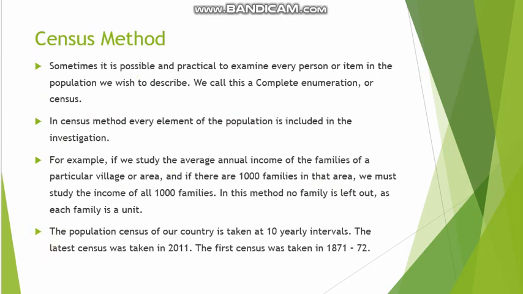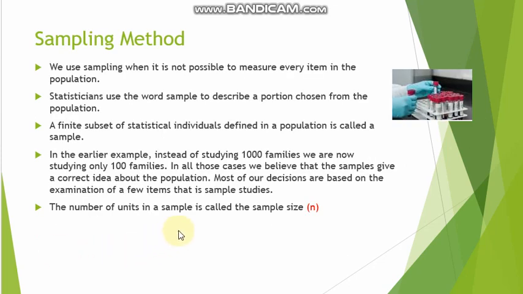In the sampling method, the theory of sampling has been developed recently, but it is not new. In our everyday life, we have been using sampling theory, as we discussed in our introductory part. In all those cases, we believe that the samples give a correct idea about the population. Most of our decisions are based on the examination of a few items, that is, sample studies.